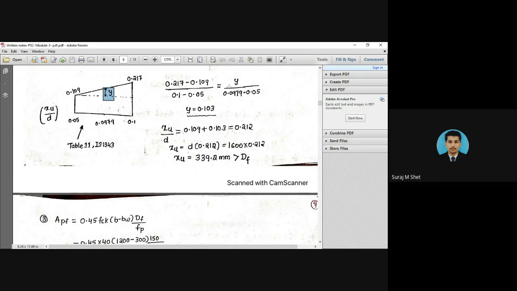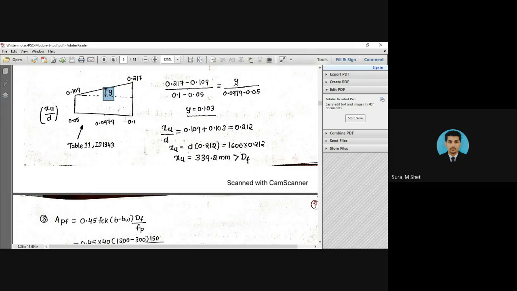Okay, so how to calculate this unknown value y is, see, upper value from 0.1. So what is the value of 0.1 is here. So 0.217 minus 0.109 divided by whatever the corresponding value, 0.1 minus 0.05. This is equal to the unknown value is here. See, unknown value is y.